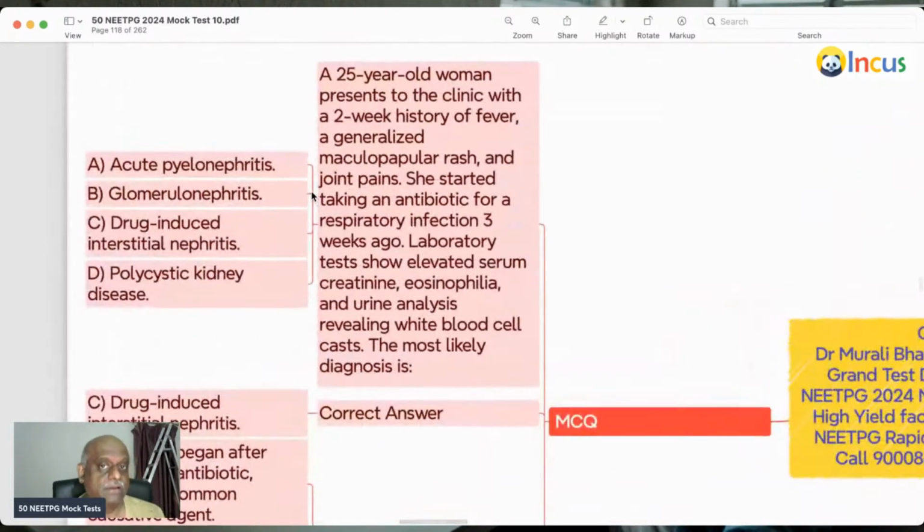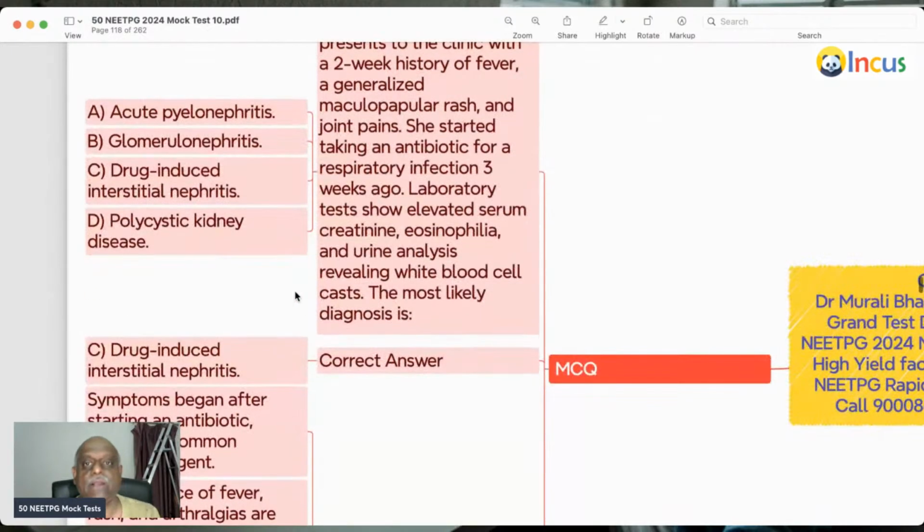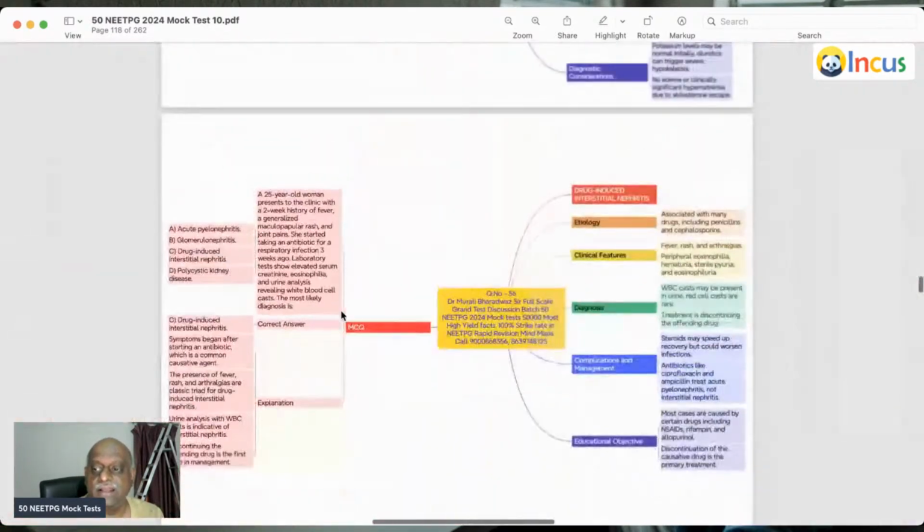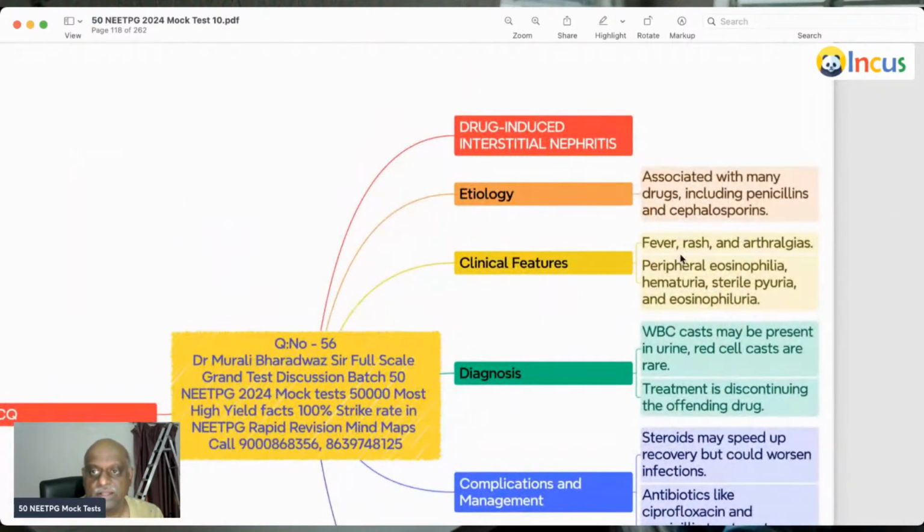A 25-year-old woman comes to clinic, 2-week history of fever, generalized maculopapular rash. She is taking an antibiotic. There is eosinophilia. Urine analysis shows WBC casts, elevated serum creatinine, all suggest drug-induced interstitial nephritis, is what you need to remember.